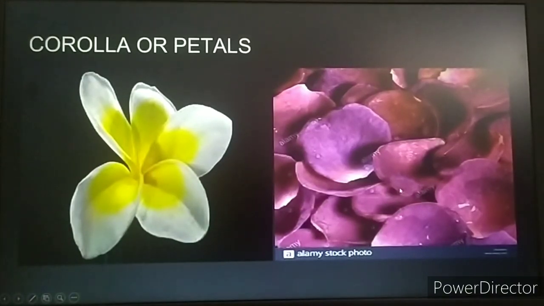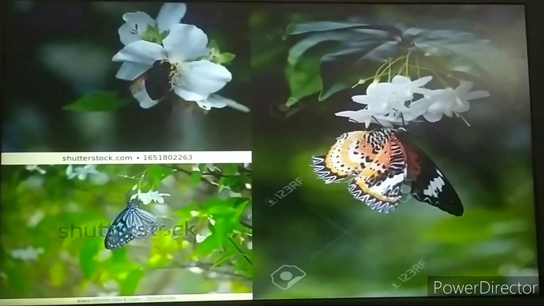These petals are large, and in most of the flowers they are brightly colored. As you can see, these 2 flowers have beautiful color. So students, have you ever thought why the petals are brightly colored? Let me tell you why. The flowers are brightly colored to attract the insects.